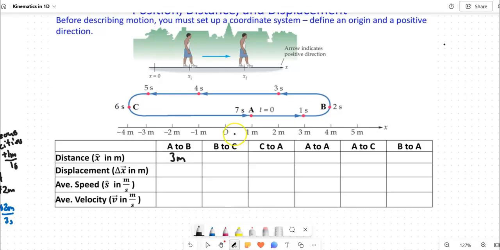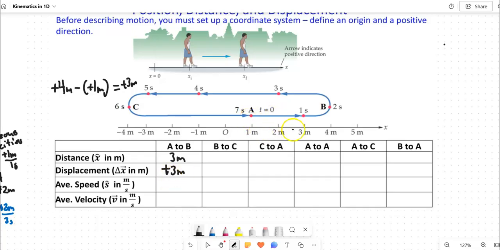So that's going to be a total of 1, 2, 3 meters to the right. And that is your displacement. In other words, positive 4 meters minus a positive 1 meter, that is positive 3 meters. Okay, so that's how I got that.